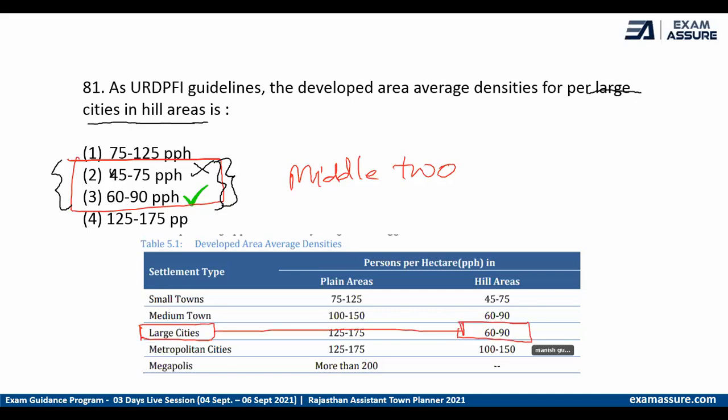They might give you options just to confuse. So the key point is that it shouldn't be too high because it's a hilly area, and it shouldn't be too low because we are talking about large cities. So it has to be somewhere here, 60 to 90. If we just go by the middle two, then we only have 60 to 90 pph. Okay, so that's the answer.